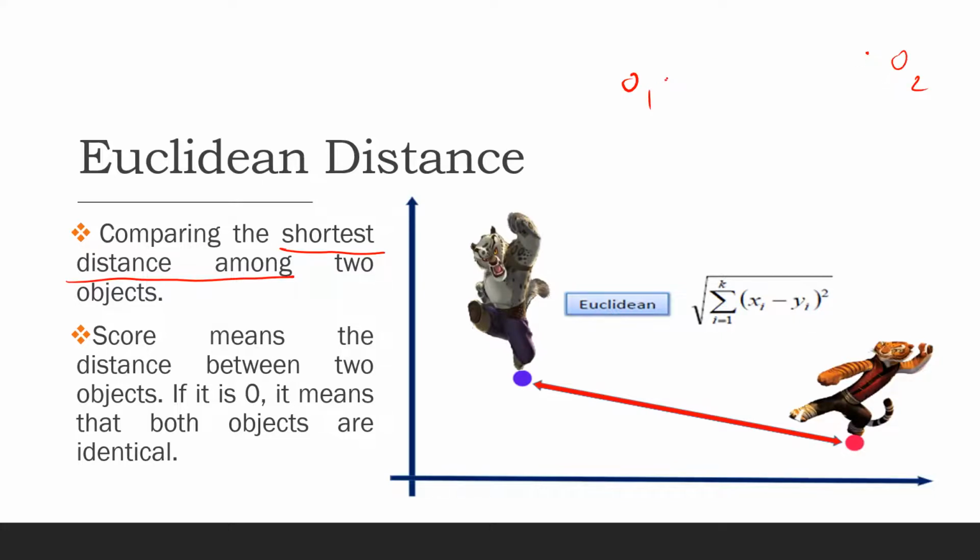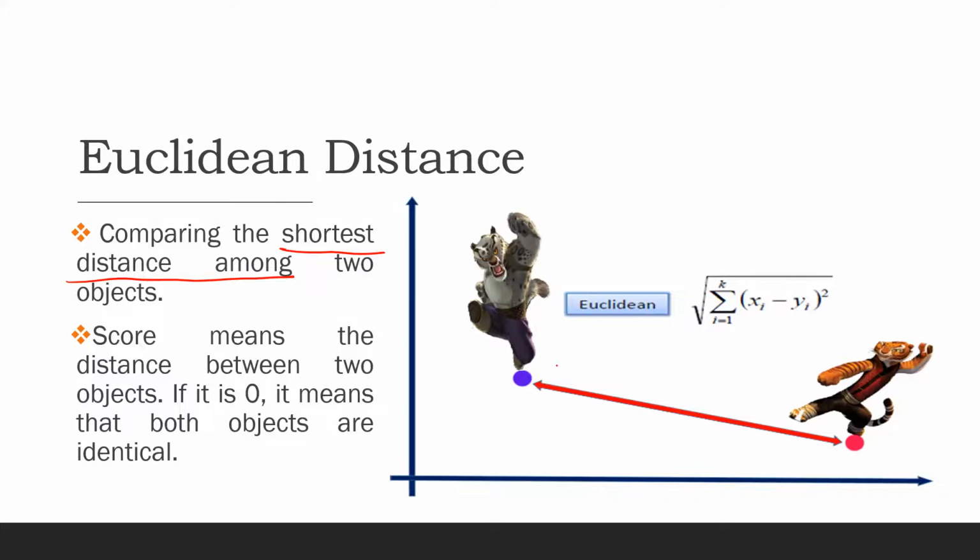We can go likewise and likewise to reach from one to the other, and this entire path is a distance. But the Euclidean distance is the shortest distance, so we directly connect the two with a line. That is called Euclidean distance.